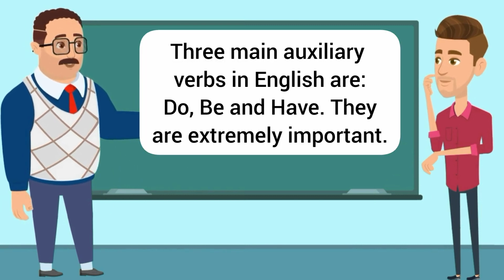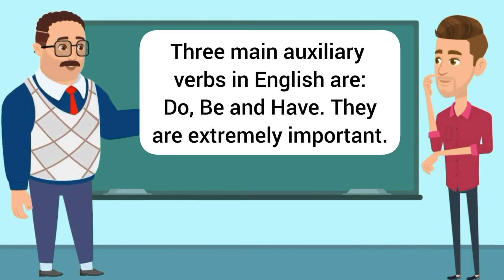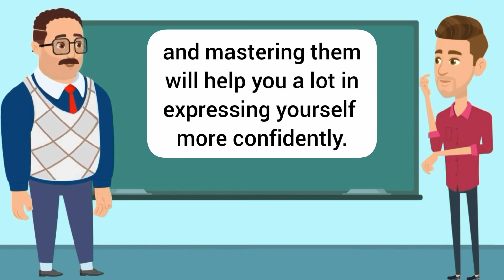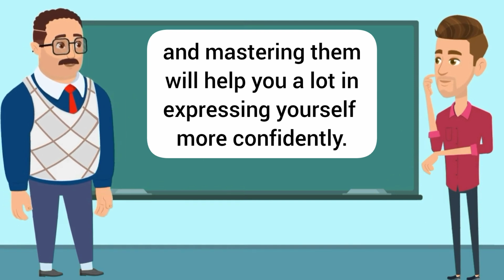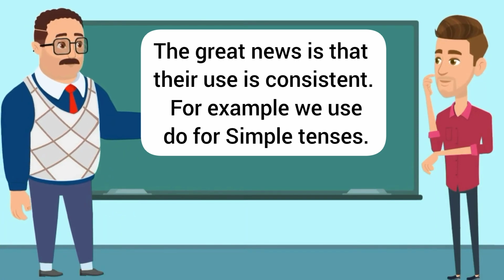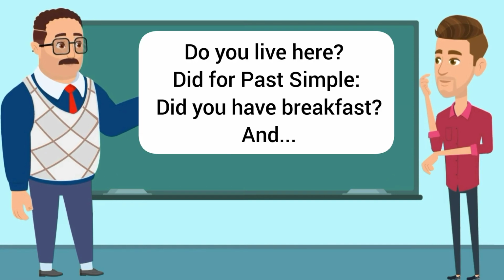3 main auxiliary verbs in English are do, be and have. They are extremely important. And mastering them will help you a lot in expressing yourself more confidently. The great news is that their use is consistent. For example, we use do for simple tenses. Do you live here? Did for past simple. Did you have breakfast?